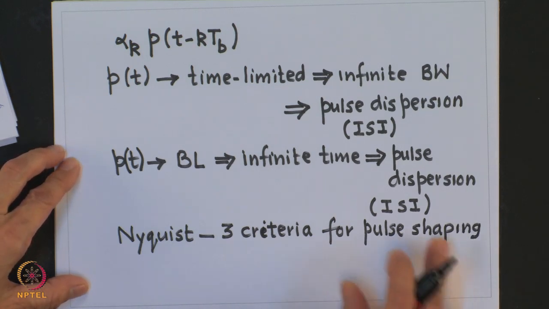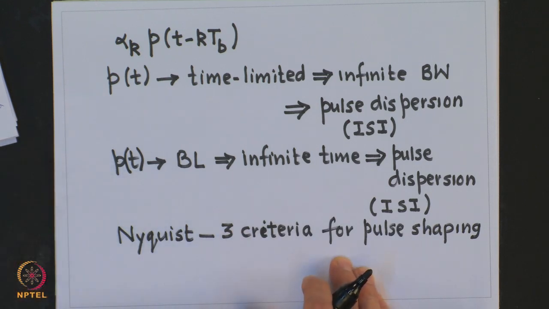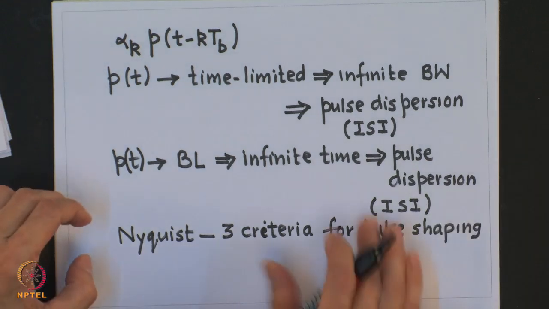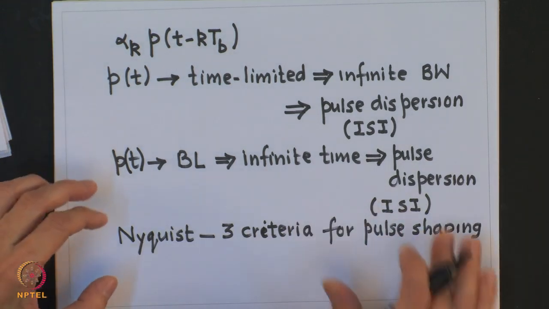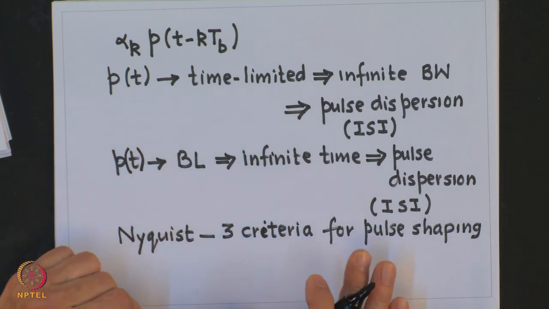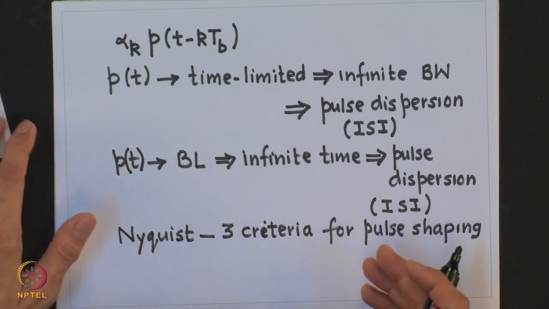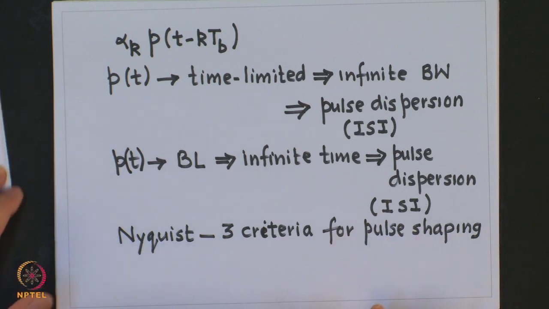These criteria allow the pulses to overlap. In spite of the overlap, they are shaped in such a way that they cause 0 or controlled interference with all other pulses at the decision making instant.